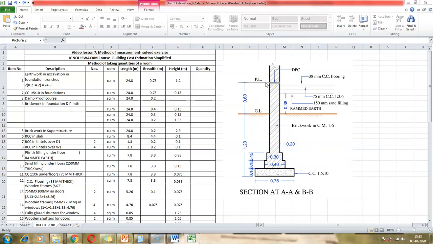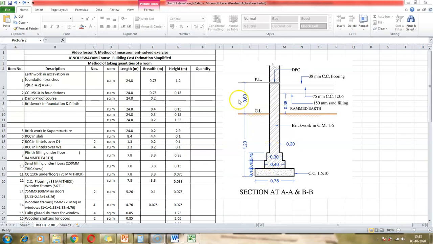How do we find that measurement? We know that the measurement of the plinth level from the bottom of the footing is 1.2 plus 0.6, which is 1.8. What remains for us to know is the plinth level to the top of the step of the foundation. So for that, how do we measure? We just have to take the entire measurement and then subtract the height of one footing, the second footing and the third one.